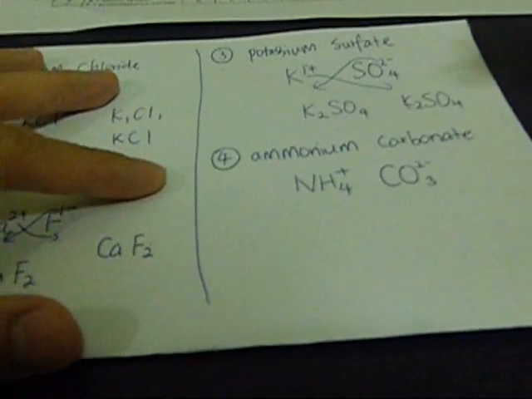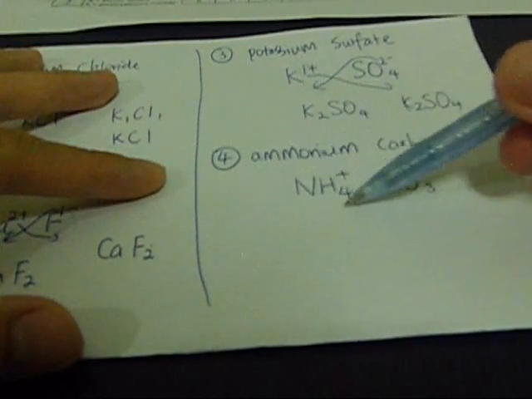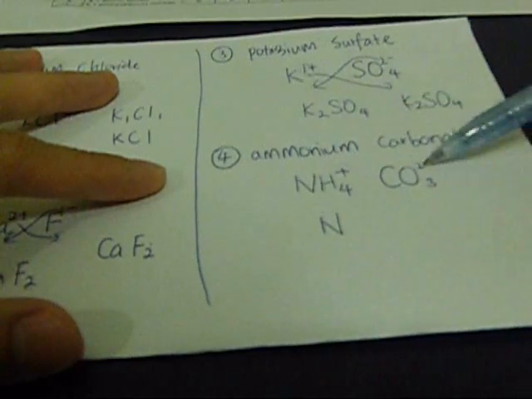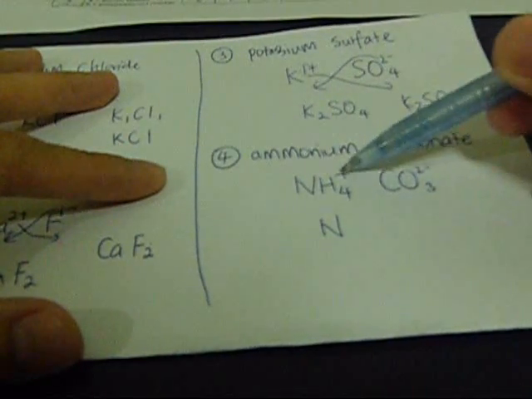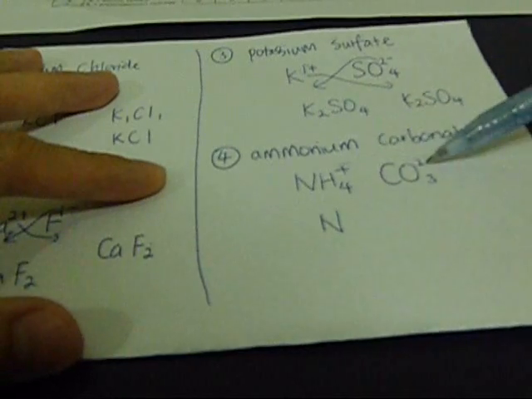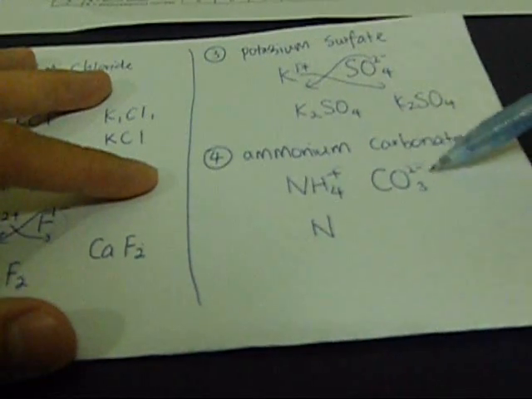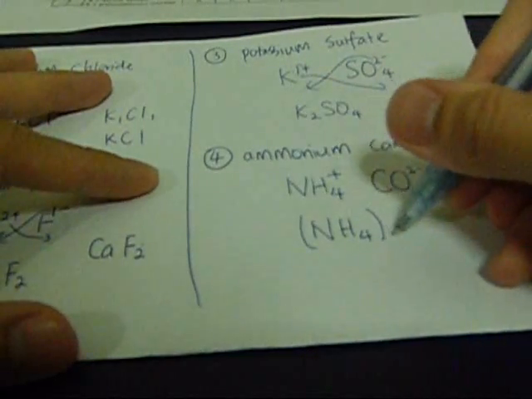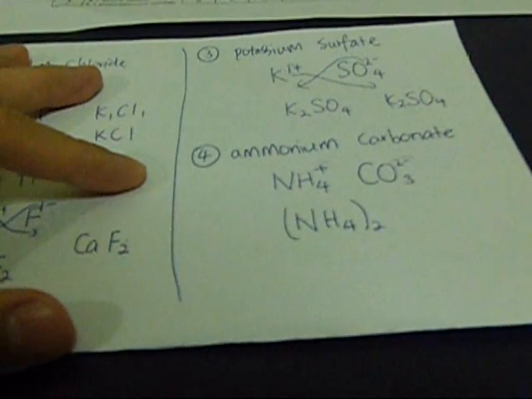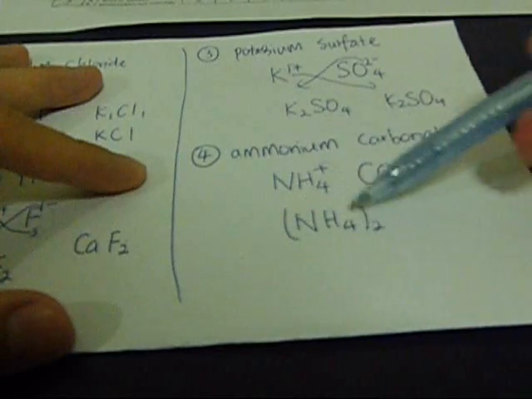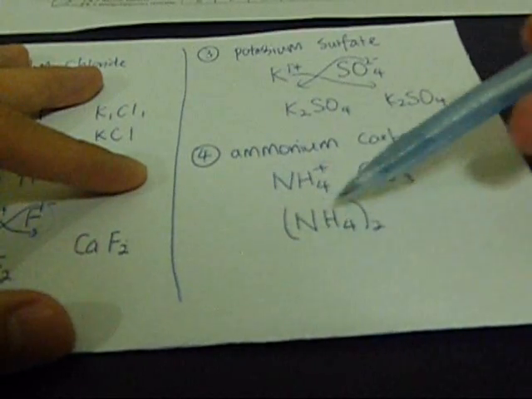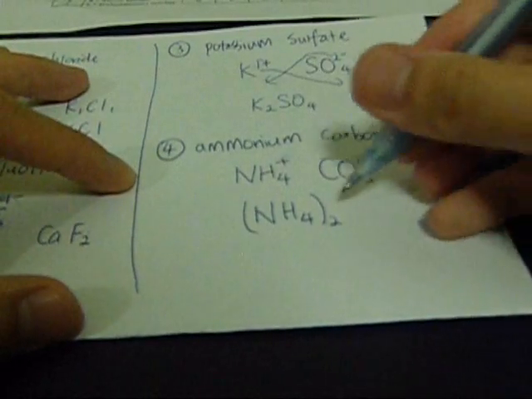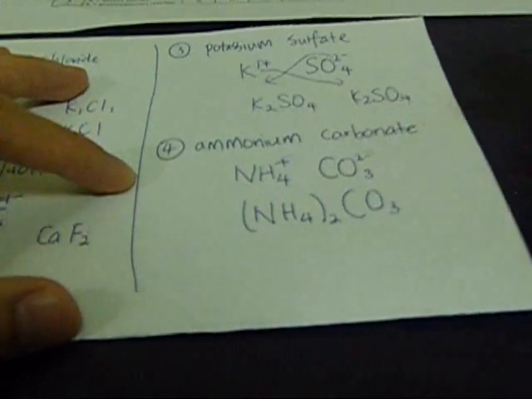Again, in order to balance it, obviously we need 2 of this NH4, because this is 1 plus, this is 2 minus, so we need 2 of this 1 plus to become 2 plus in order to balance the 2 minus. So NH4 we need 2, because this NH4 is together, so we have to put a bracket and then put a 2 outside, and CO3.